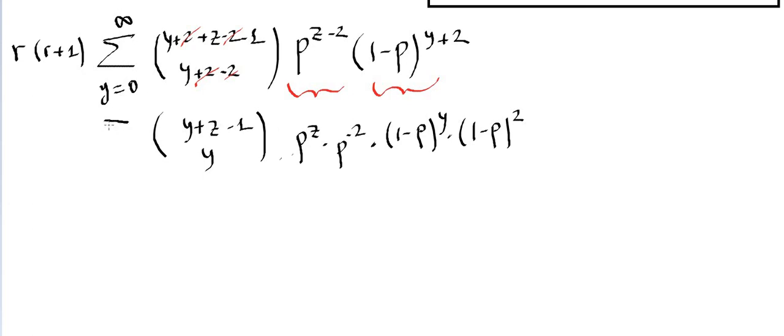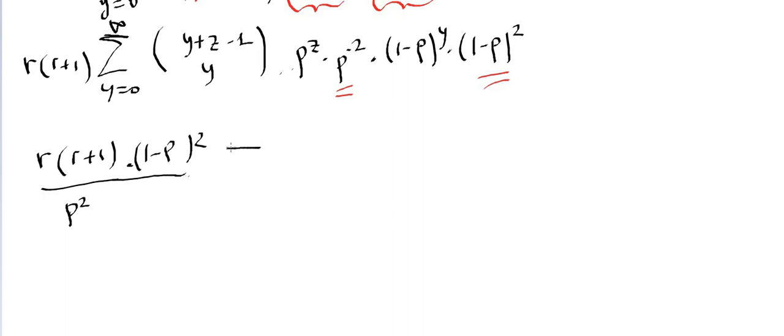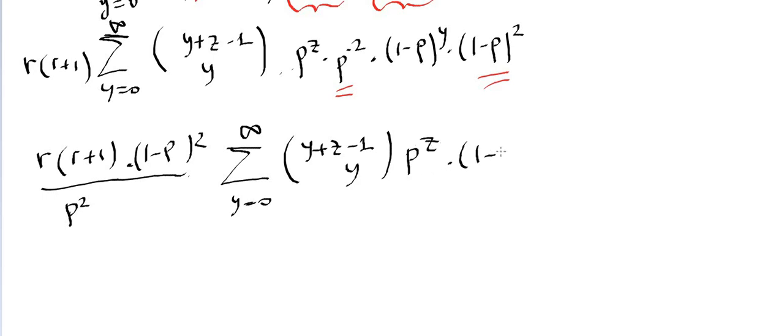And we have summation y from 0 to infinity, and we have r times r plus 1. Now we can pull these expressions to the front. So we have r times r plus 1, and if we bring it to the front, it will be 1 over p squared times 1 minus p to the second power, times summation y from 0 to infinity, y plus z minus 1 choose y, p to the z times 1 minus p to the y.